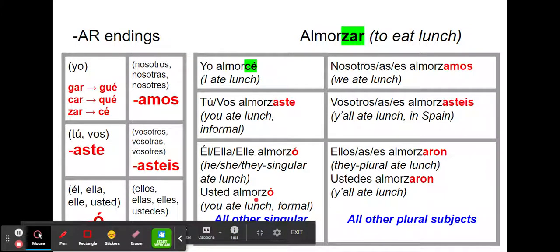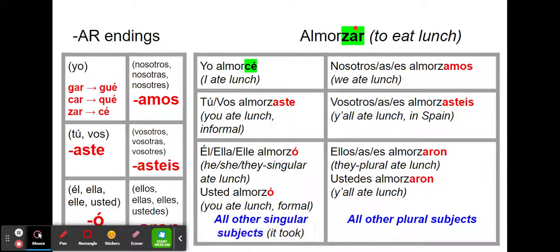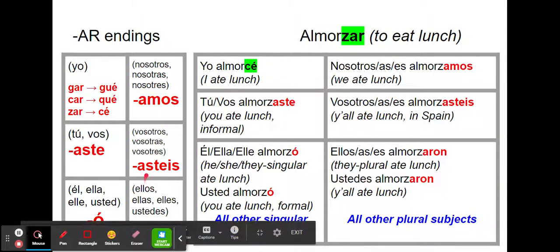Usted almorzó. Nosotros, nosotras, nosotres almorzamos would be we ate lunch. I took off the AR here and I added AMOS, which was my nosotros ending. Vosotros, vosotras, vosotres almorzasteis. I took off the AR and I added asteis.